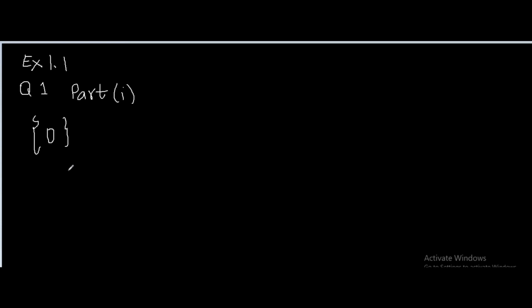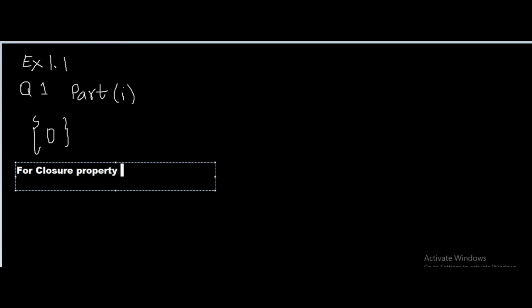Anyhow, we have to verify two properties. What are those properties? First is the closure property with respect to addition. So we'll be doing the process for the closure property with respect to addition.